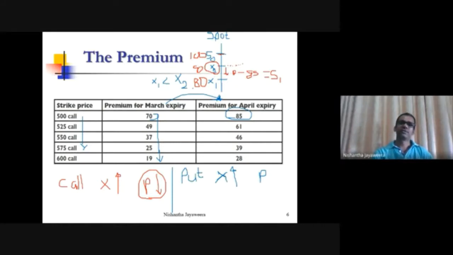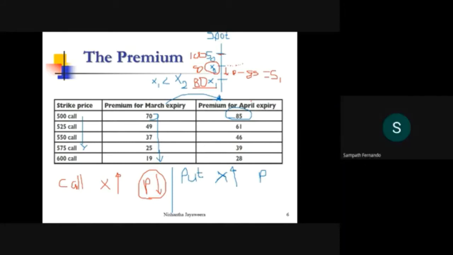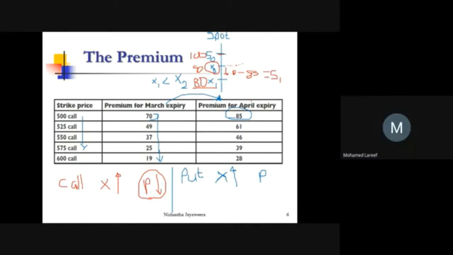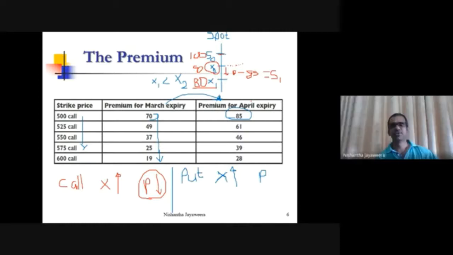What do you do with the put option with a strike of 80? You will not exercise. Because the market is cheap, means you can sell at a higher price at the market.